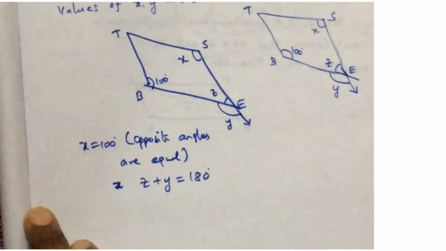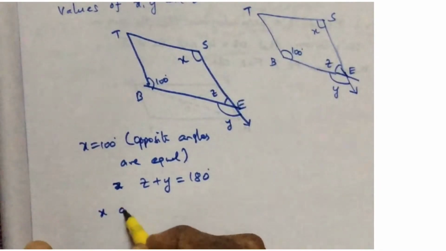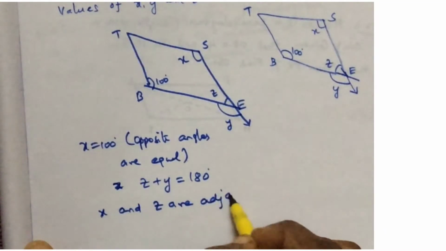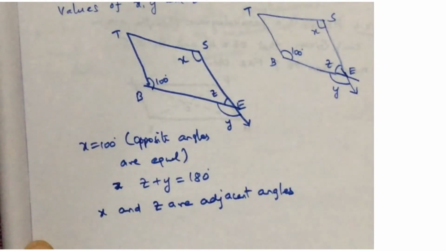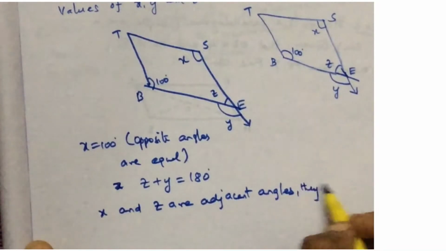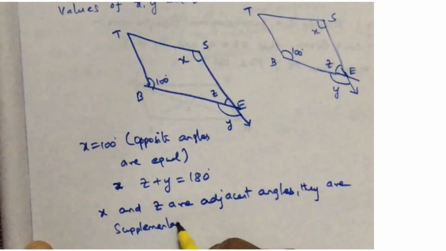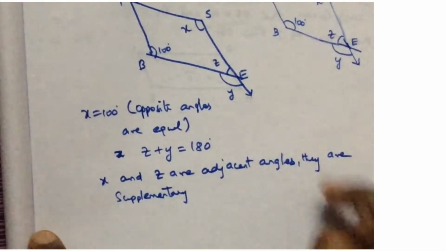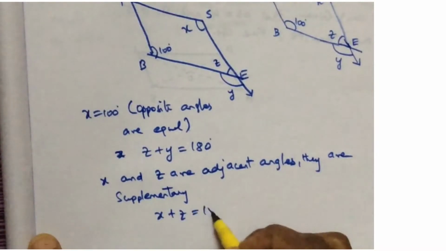Another thing is, x and z are adjacent angles, so they are supplementary. Adjacent angles are supplementary in a parallelogram. When you add them together, x plus z should give 180.